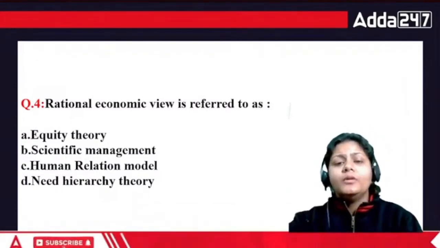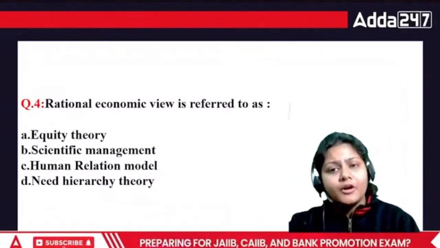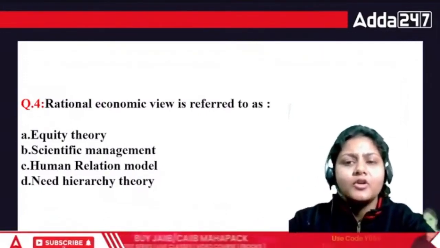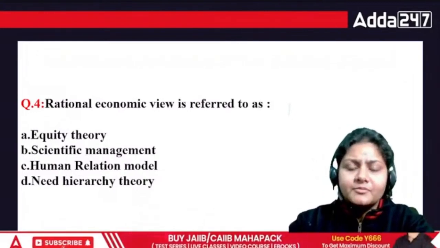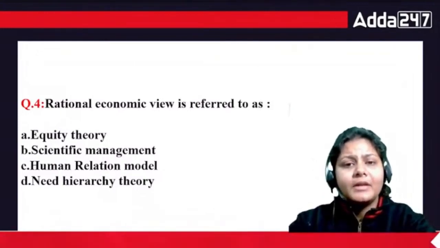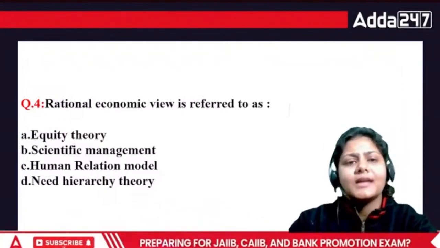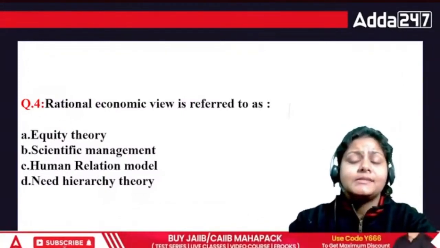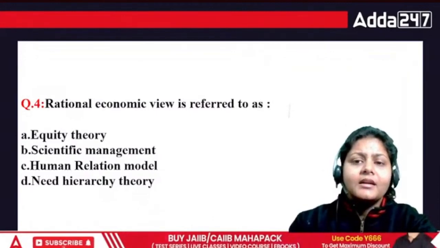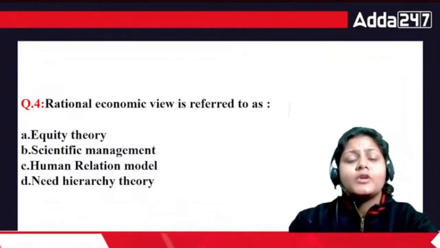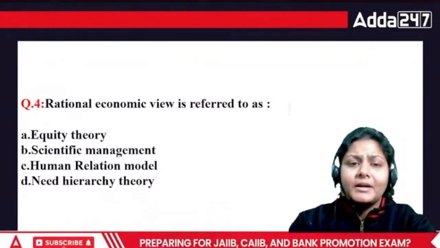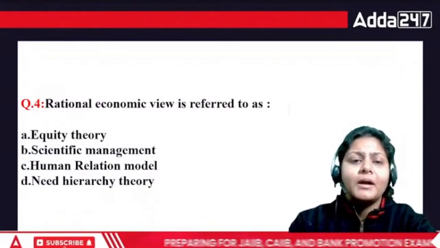Money is the only need of an employee. According to F.W. Taylor, who gave the concept of scientific management, every person has one need, that is money, and they can be motivated by money.